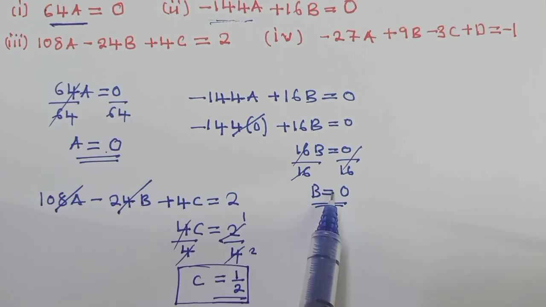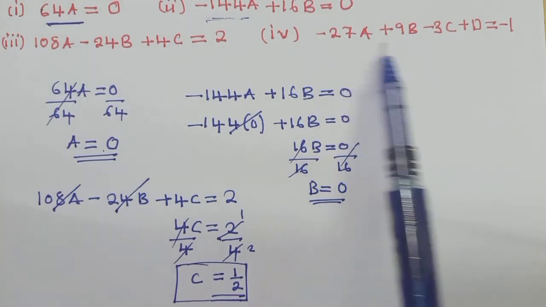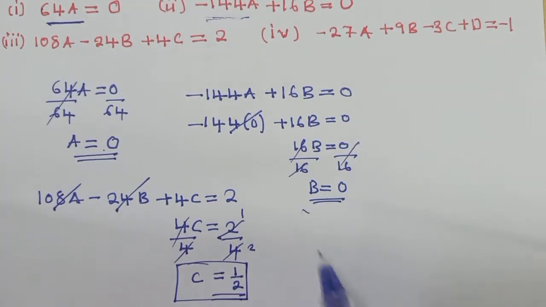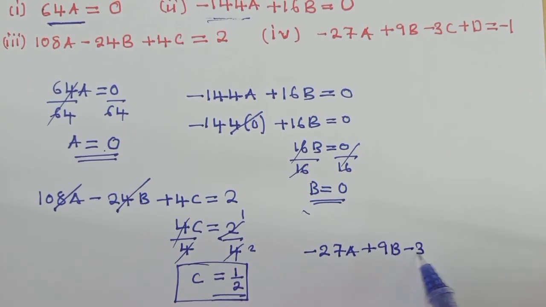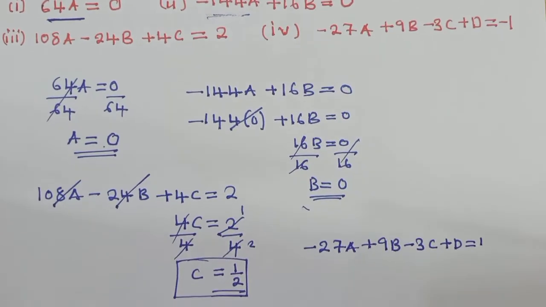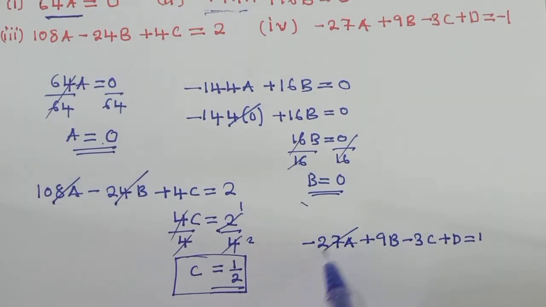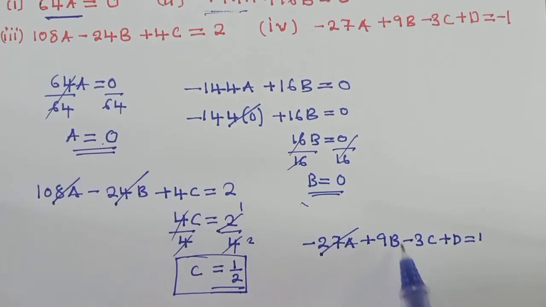A is here, b is right here. So now we're remaining with d. So for d, we copy this equation right here. So it's negative 27a plus 9b minus 3c plus d is equal to negative 1. Now this, of course, will give us a 0 because the value of a is 0, and the same for b.